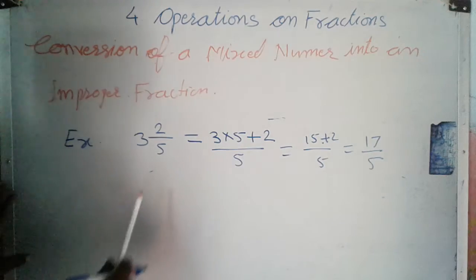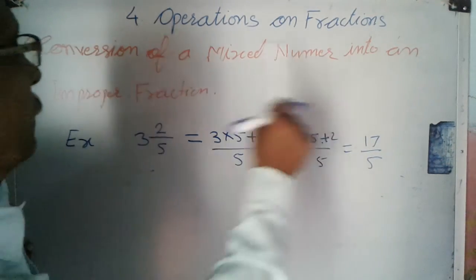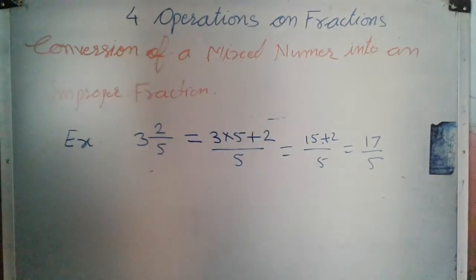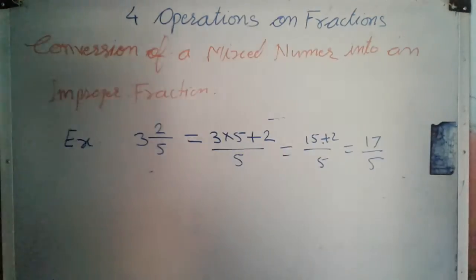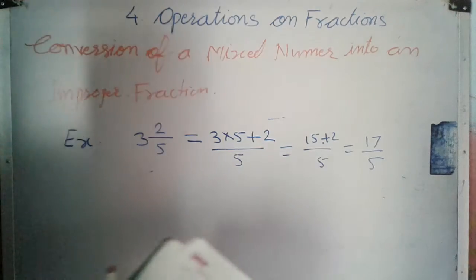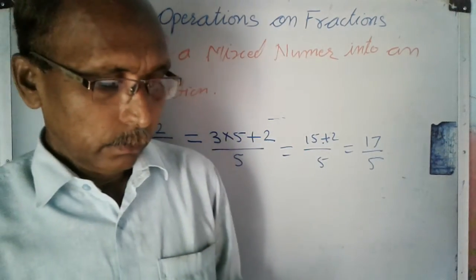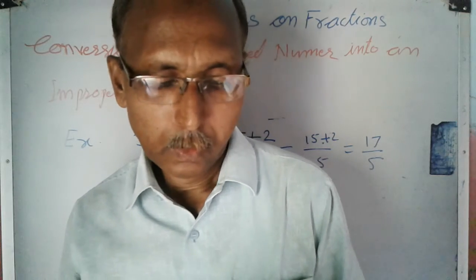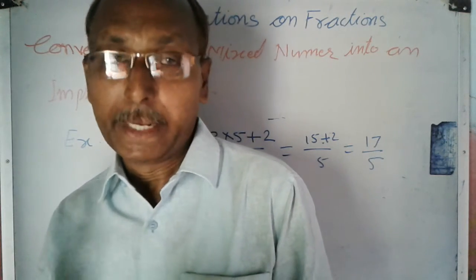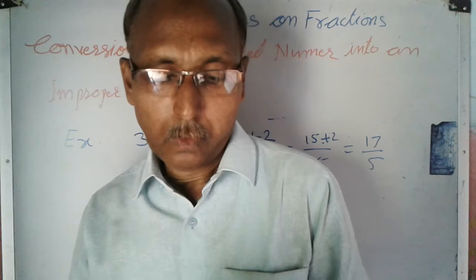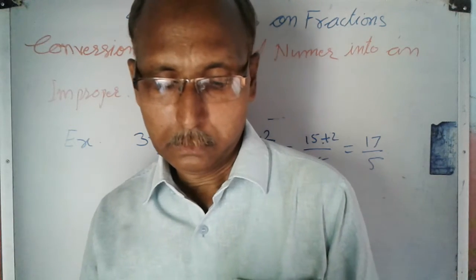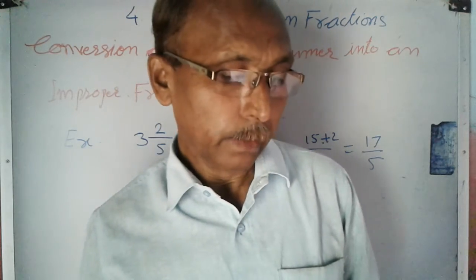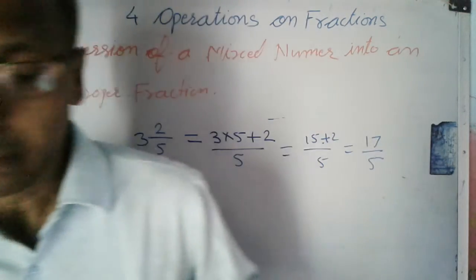So in this way, this mixed number is converted into an improper fraction. In this way, we can convert any mixed number into an improper fraction. Now we'll have some examples from practice set 9.